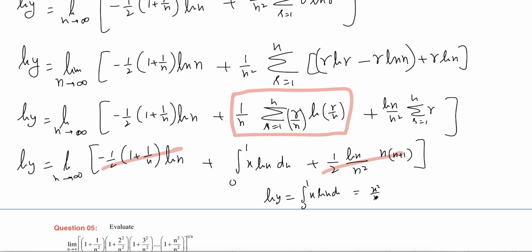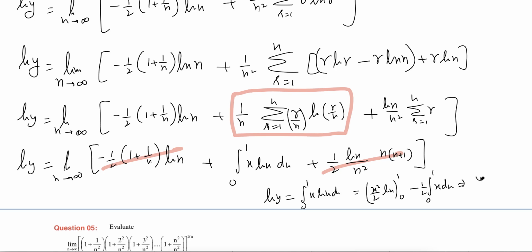So x square by 2 ln x from 0 to 1, minus the integral 0 to 1 of the differentiation of ln x, 1 by x, into x square by 2, that is 1 by 2 x dx. Calculation: if I put 1 and 0, the value is 0. The integral of x dx will be 1 by 2, so this will be 1 by 2, so minus 1 by 4.